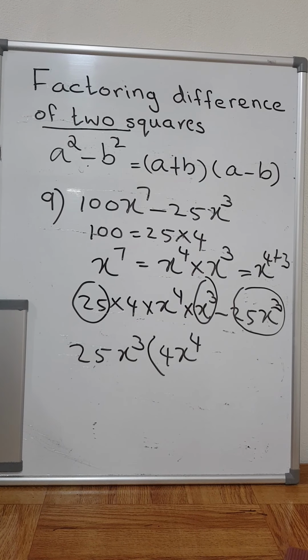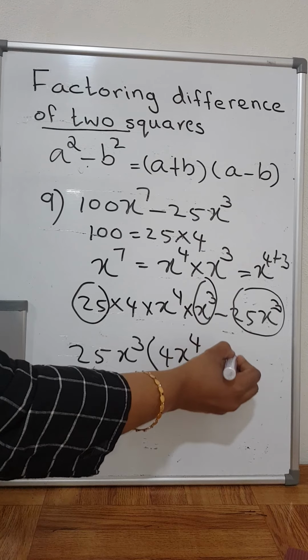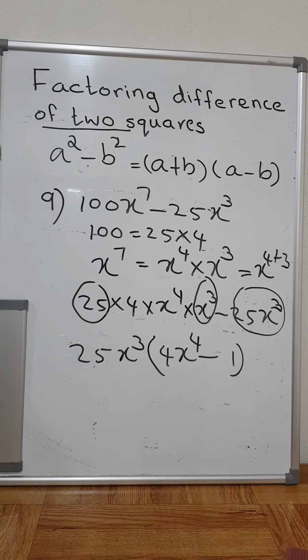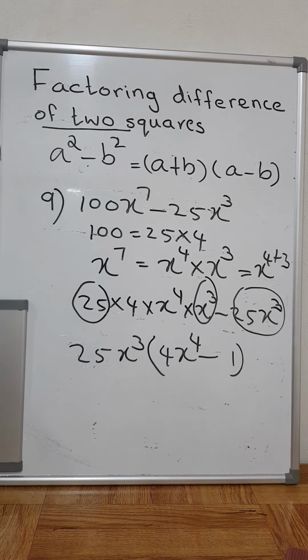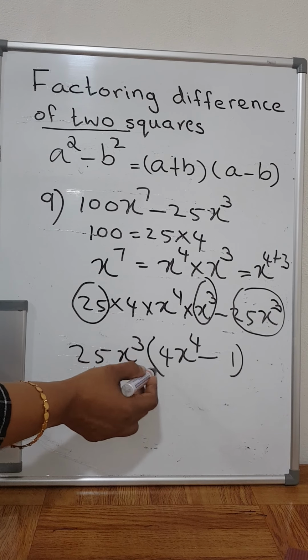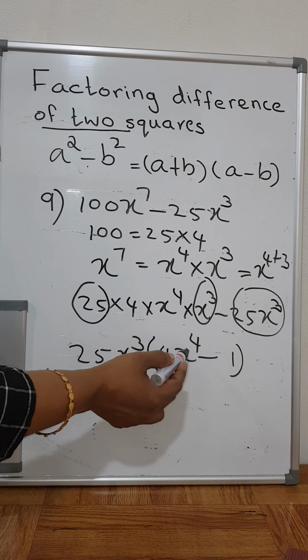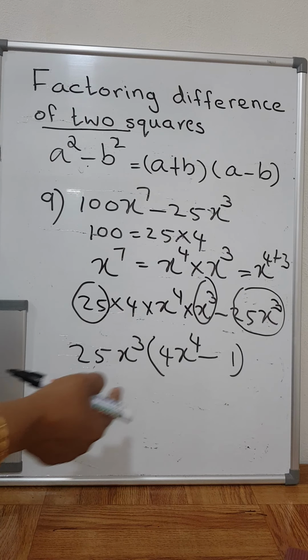We have taken 25x cube, and 25x cube times 1 is 25x cube. So when you take 25x cube out, the remaining term there is minus 1. So 25x cube times (4x to the power 4 minus 1).